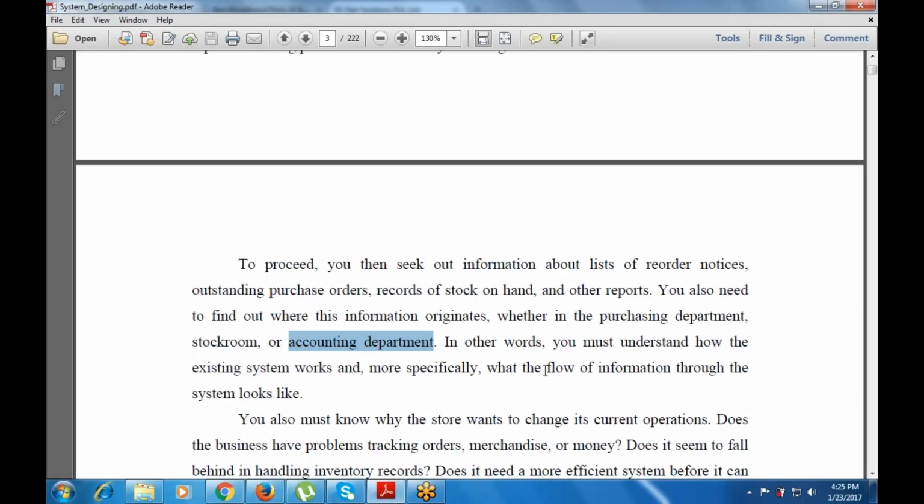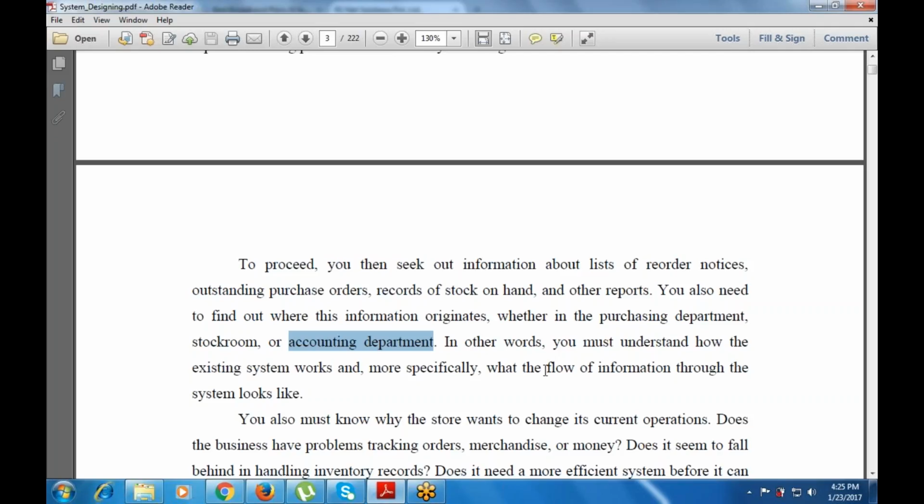You also must know why the store wants to change its current operation. What is the current operation, and what is the need for changing it? Does the business have a problem tracking orders, merchandise, or money? Does it seem to fall behind in handling inventory records?